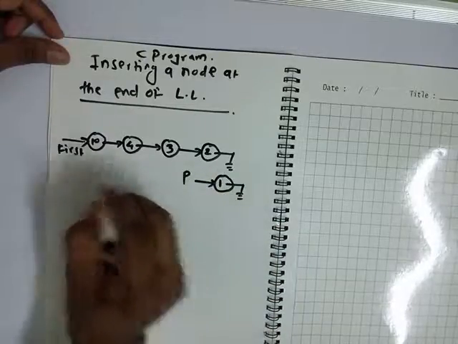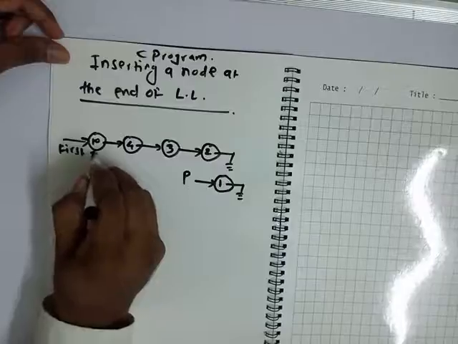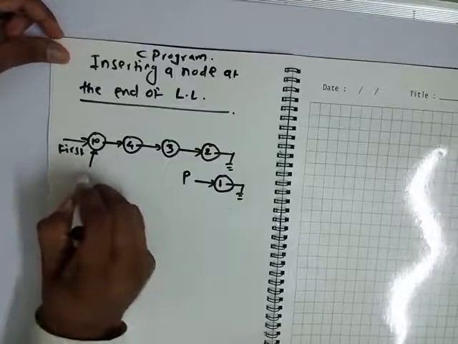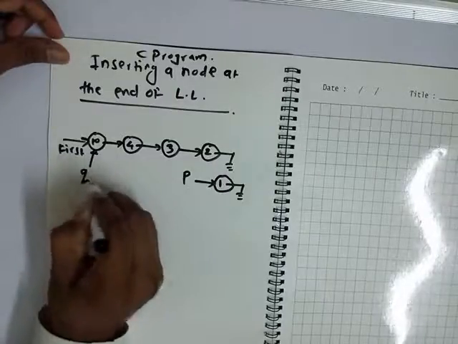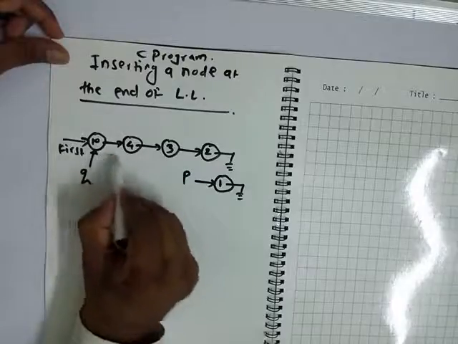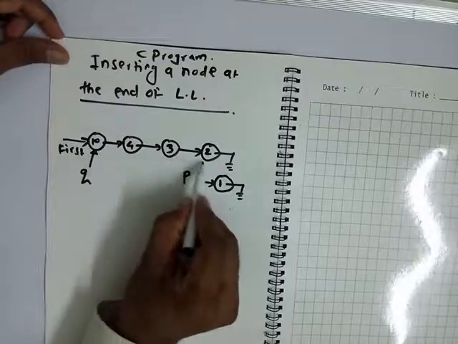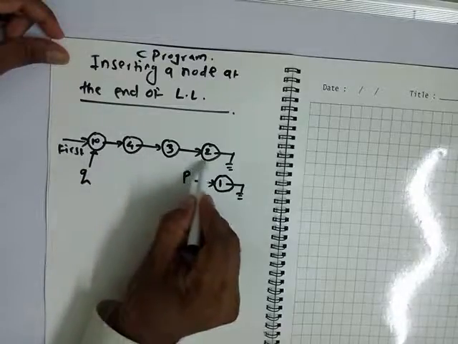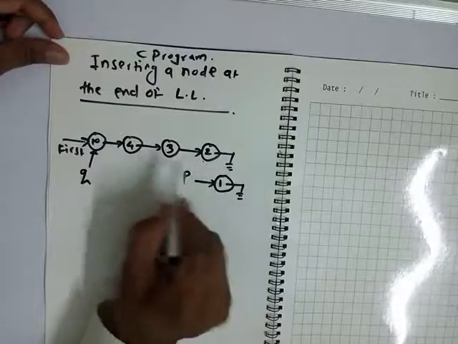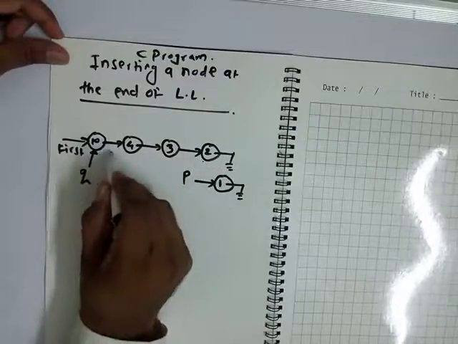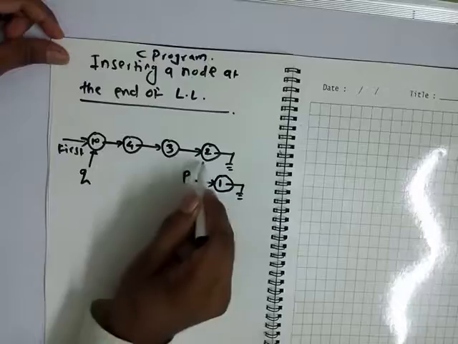Then what I will do is I'll take one pointer here called, let's say, q, and I'll traverse this linked list till my q reaches here. That means till q arrow next becomes null, right? So I'll traverse this linked list starting from the first node till the last node.